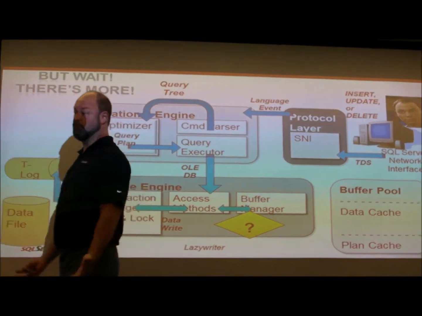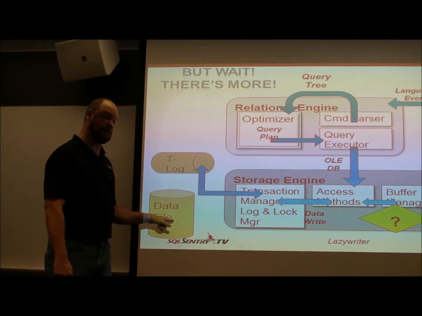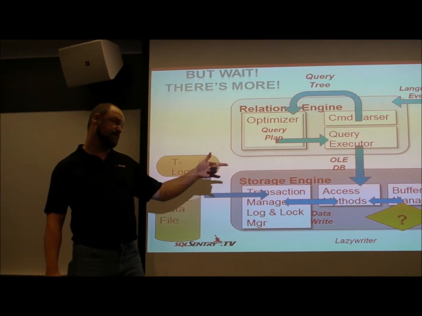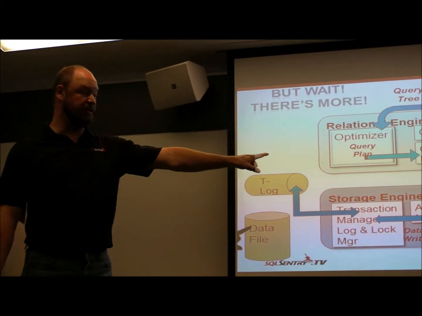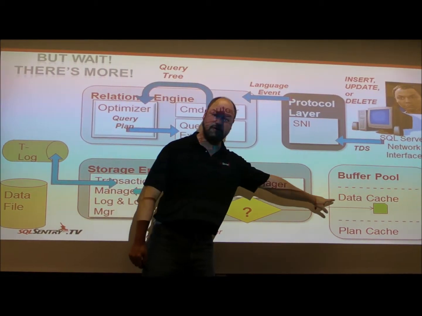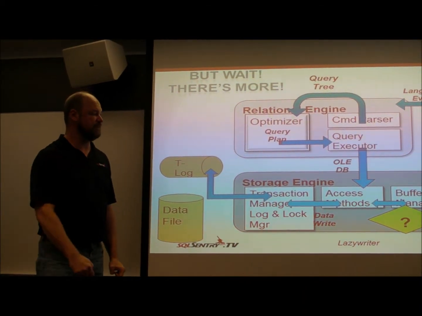So if we're going to read 4 gigabytes of data from a really huge table, we might have to load a lot of data from out here. But if it's 5, 10, 20, 100 megabytes of data, it might already be in cache. And so if we can change it here without going here, we'll save ourselves a lot of time.